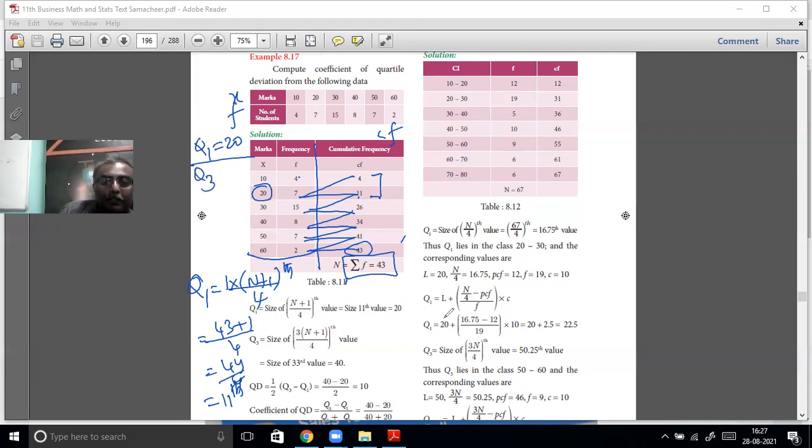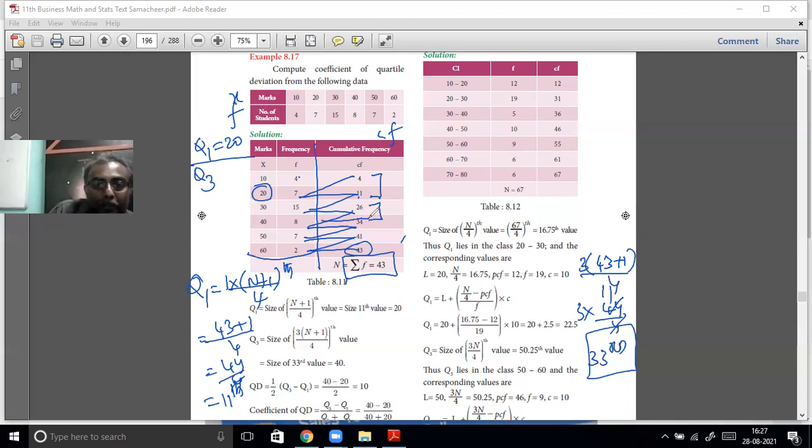Q3 is equal to 3 into 43 plus 1 by 4 value. 44 by 4 is 11, so 3 into 11 is the 33rd value. What is the 33rd value? Again, go and find it in the range. The marks value is 40. So Q3 is equal to 40.